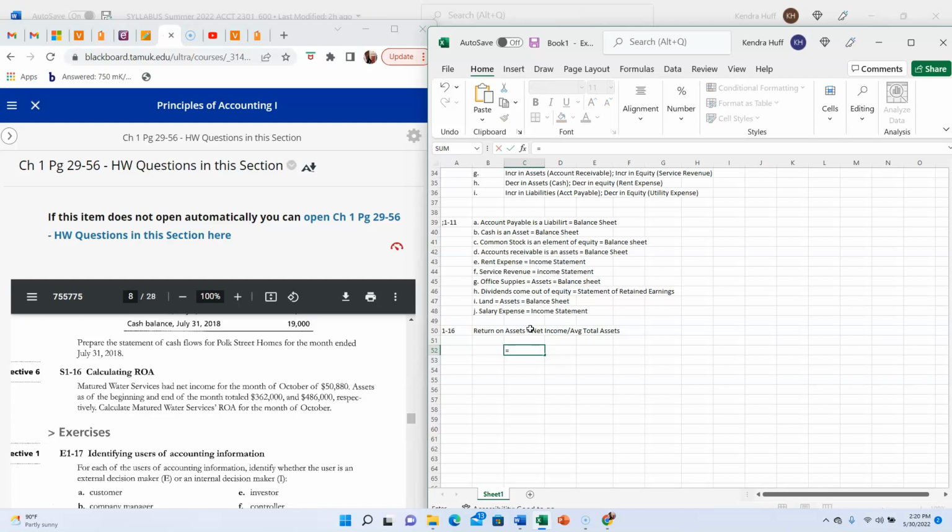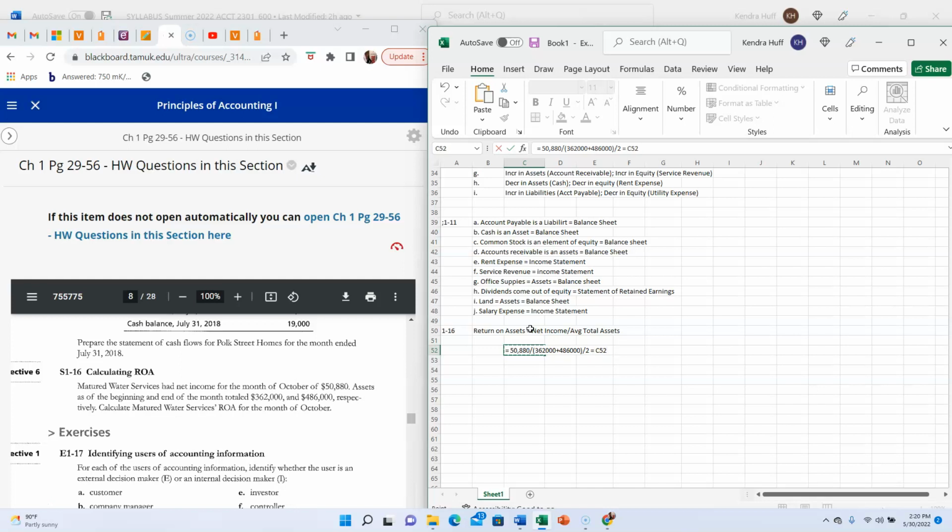Mature Water Services had net income for the month of October of $50,880, and then divided by average assets. So 362 was 486 divided by 2.